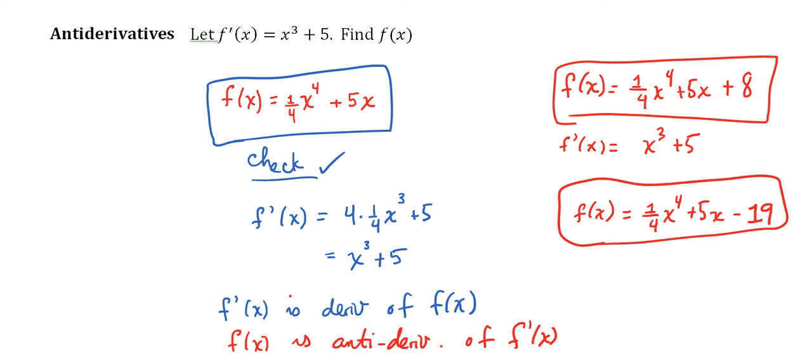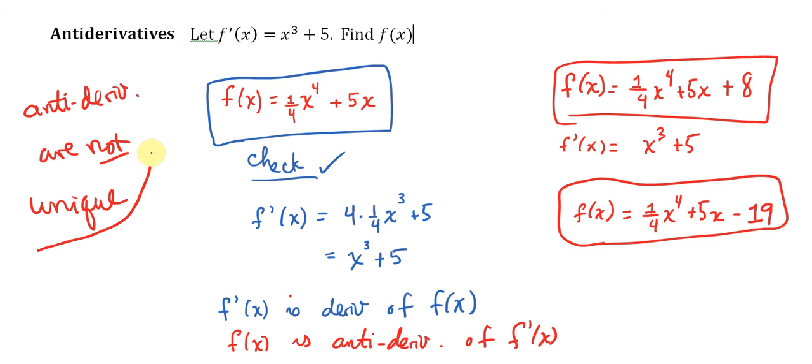All right, so let's make this big note here that antiderivatives are not unique. There are infinitely many answers because we have lots and lots of constants that we can attach to the end here. So what we'll do here is we'll write an answer in terms of the general solution.